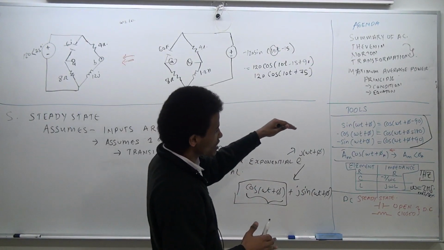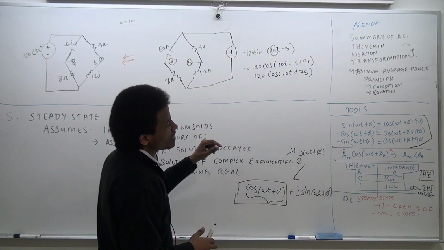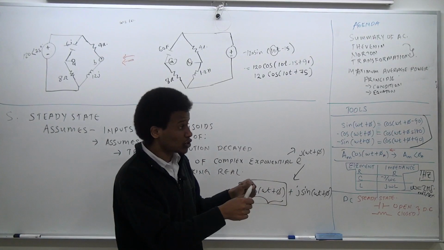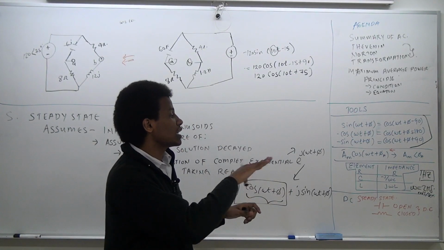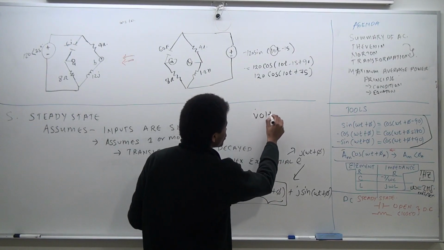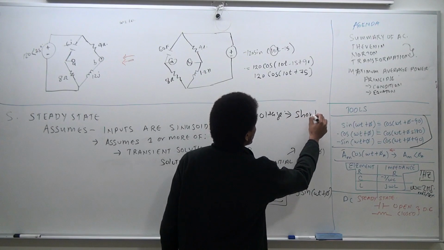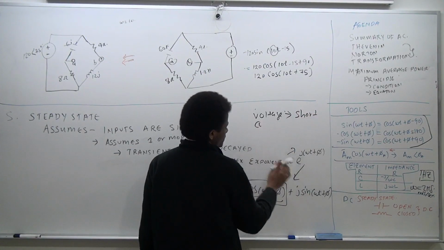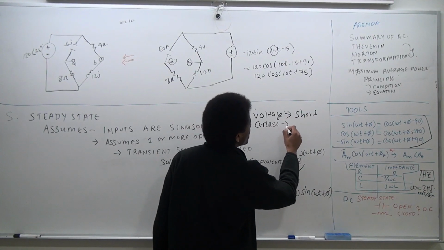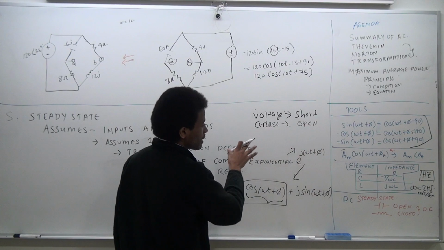But when you consider a specific frequency individually, you're going to have to kill other sources. When I mean kill other sources, a voltage source is killed by shorting it, and a current source you kill by making it open. This is the recipe of how to use superposition, but I'm not going to get into that.